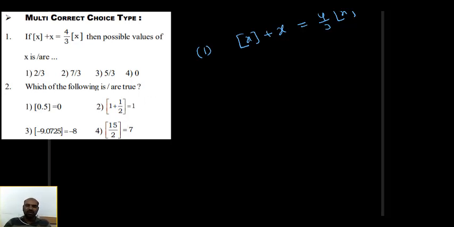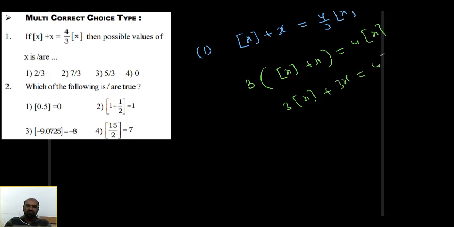So what I am doing, I am multiplying by 3 on that side. Floor of x plus x is equal to 4 times floor of x. Or 3 times floor of x plus 3x equal to 4 times floor of x. Or 3 times x equal to floor of x.